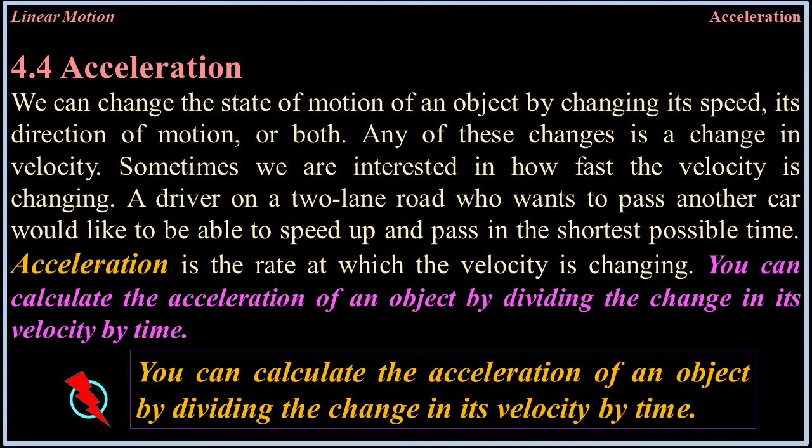Acceleration is the rate at which the velocity is changing. You can calculate the acceleration of an object by dividing the change in its velocity by time. And that's exactly correct. Acceleration equals delta v divided by delta t.